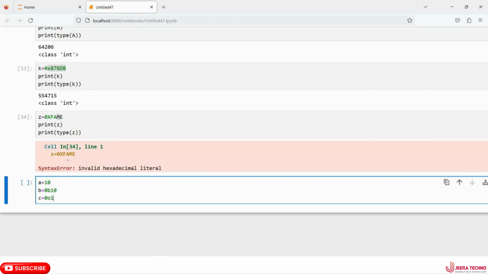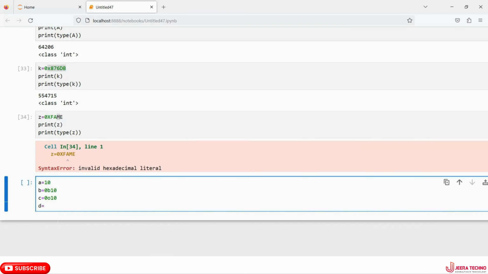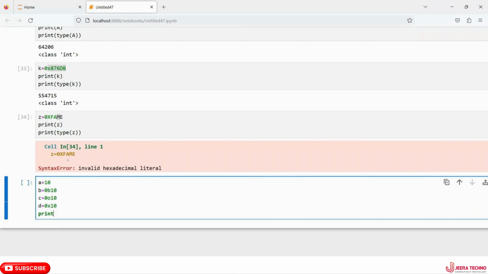that is 10, C equal to 0O, that is 10, D equal to 0x, that is some 10 value. Print of base value for decimal is, you can say directly, you can call it. Now you can do this for everything for finding the base value, just to understand.